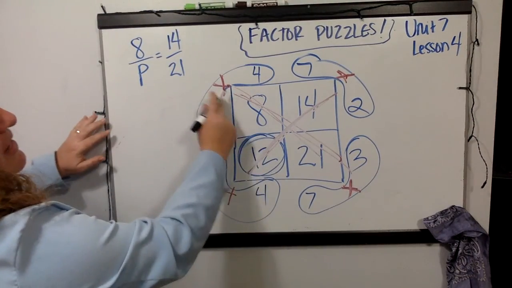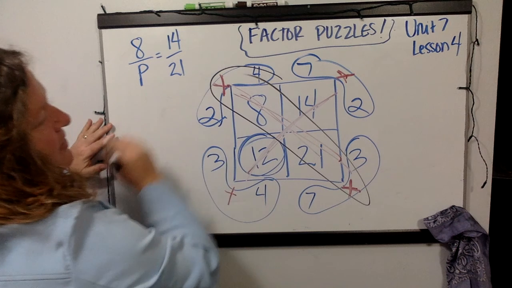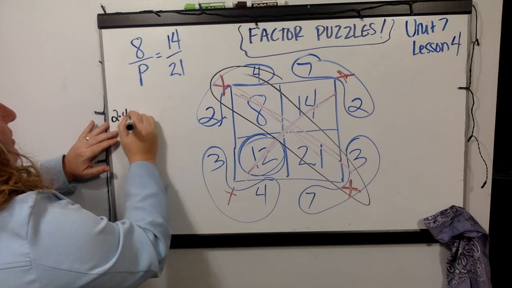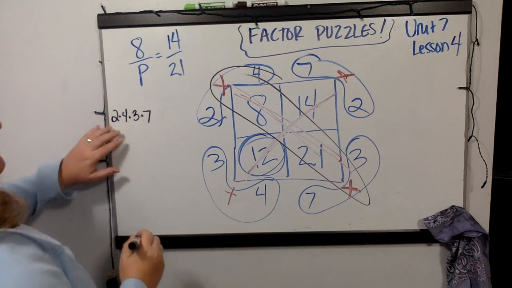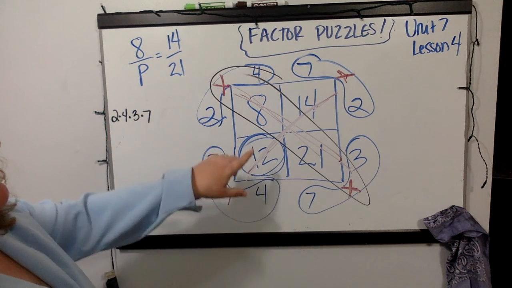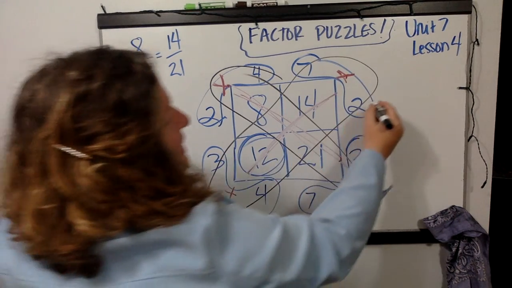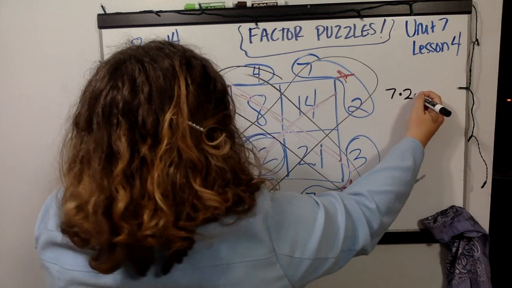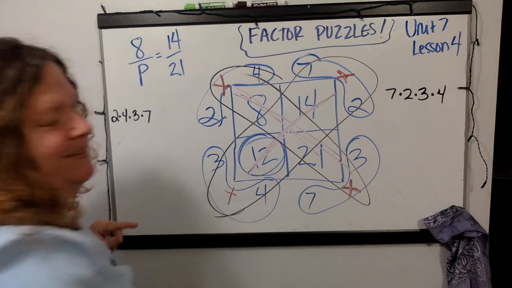This one right here is 2 times 4 times 3 times 7. Look at this one. That's 7 times 2 times 3 times 4.